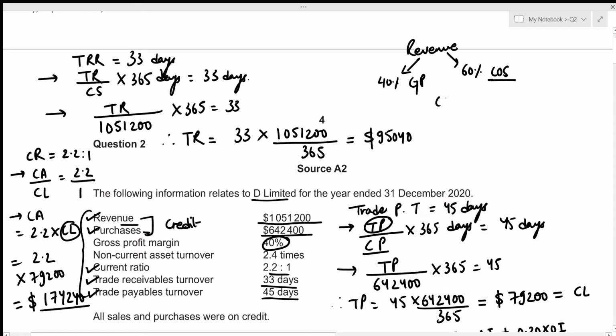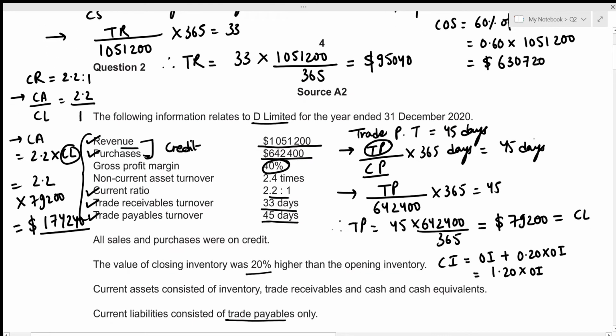Cost of sales is going to be 60% of revenue. So that's 0.60 times the revenue of 1,051,200. This gives our total cost of sales to be 630,720.